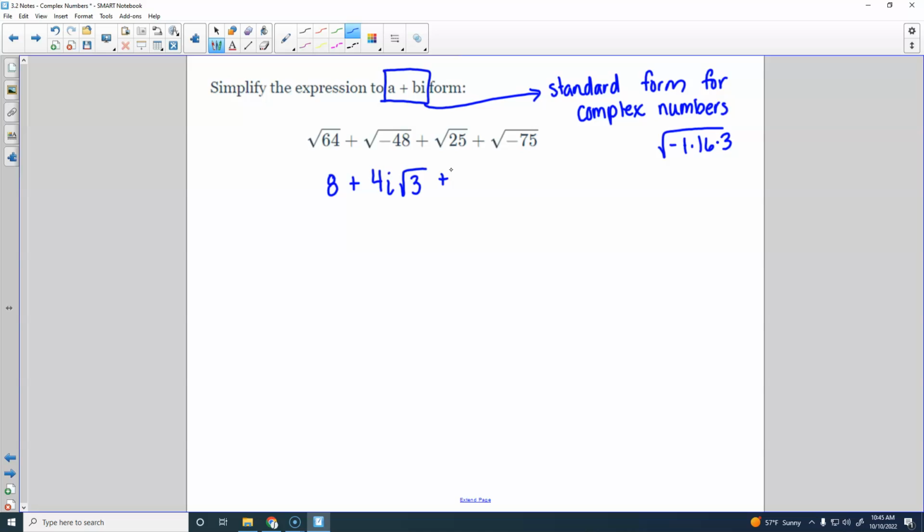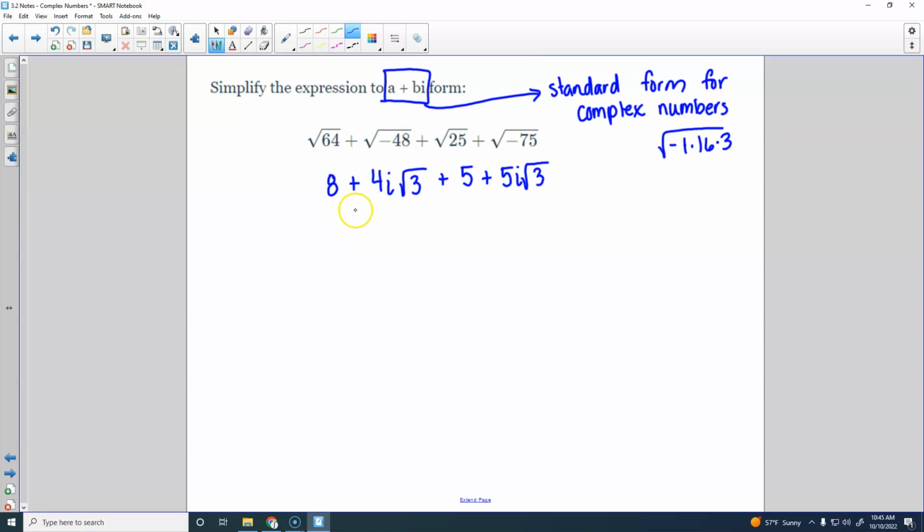Okay? Amanda, what about square root of 25? It's just 5. And Caleb, what about square root of negative 75? Good. 5i root 3. So then we're just going to combine our like terms.